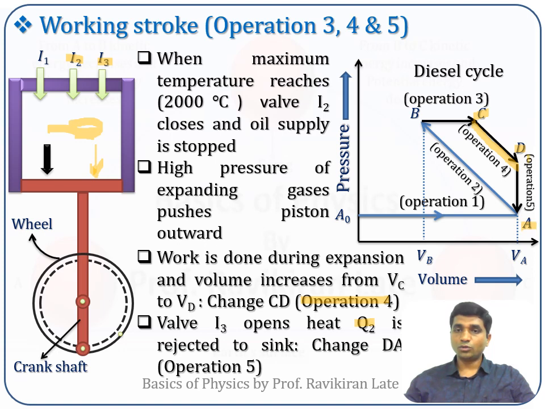So during BC, heat is taken inside the cylinder, and during the change DA, heat is rejected to the sink. The process during which heat is taken is an isobaric process, and the change during which heat is rejected to the sink is an isochoric process, because during this process the volume remains constant.